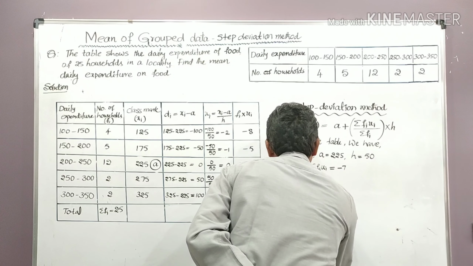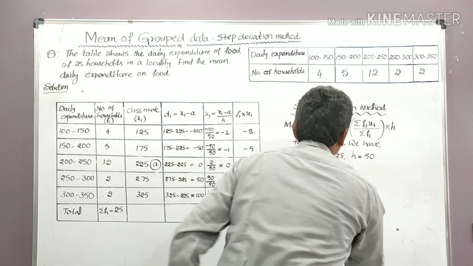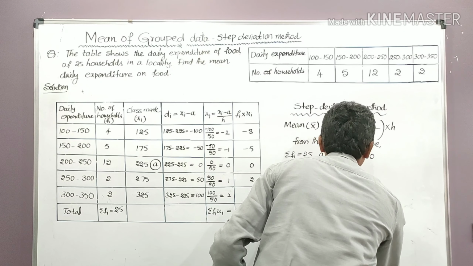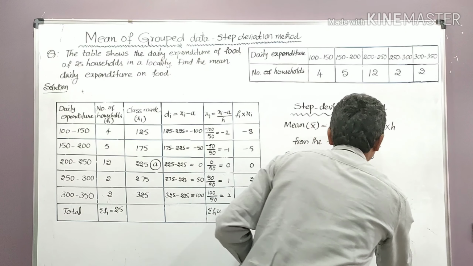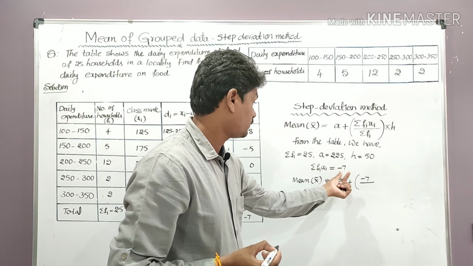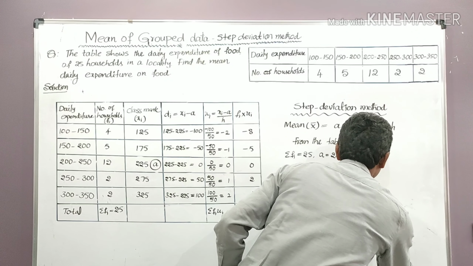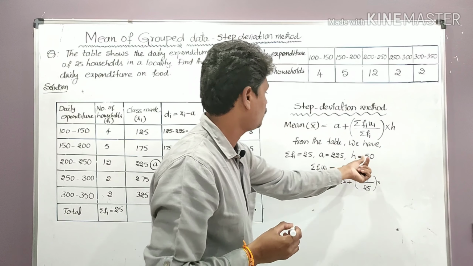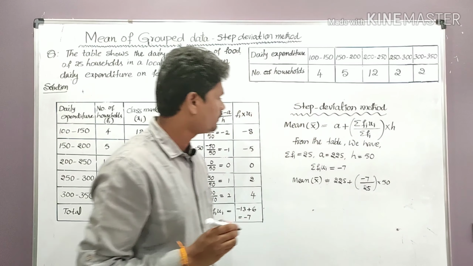Mean x bar is equal to a plus, a is how much? 225, plus sigma Fi into Ui, that is minus 7, divided by sigma Fi, which is how much, student? 25, into the h value. H value is how much? It is 50.